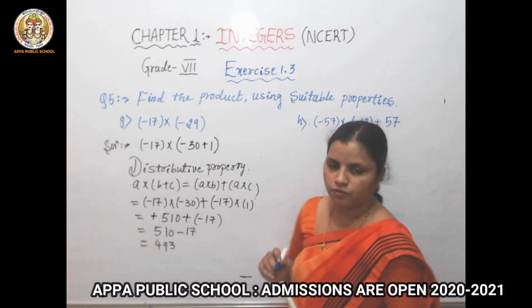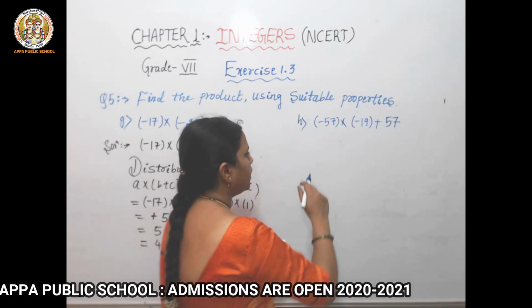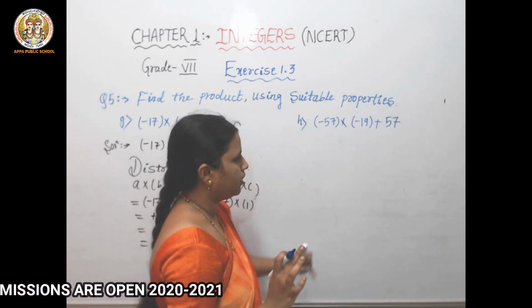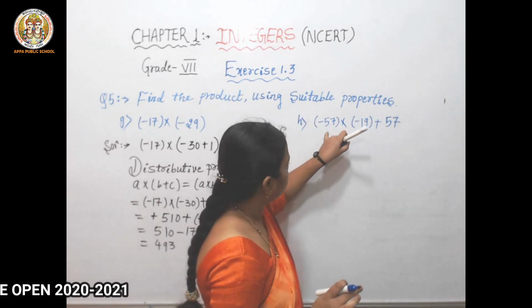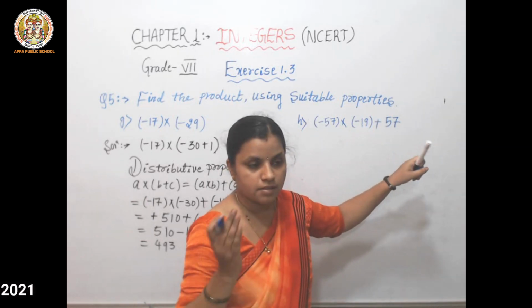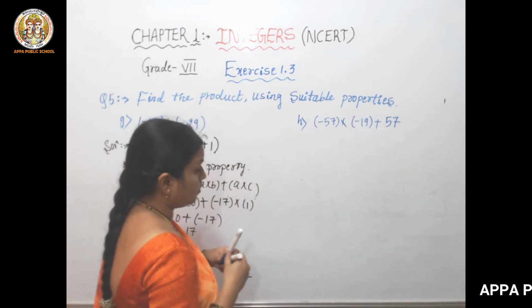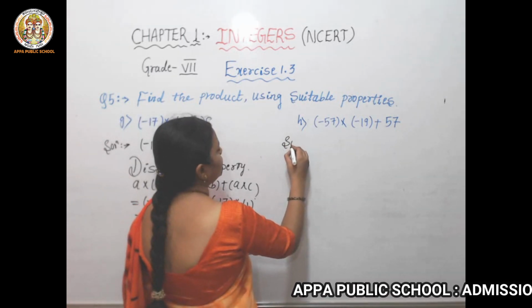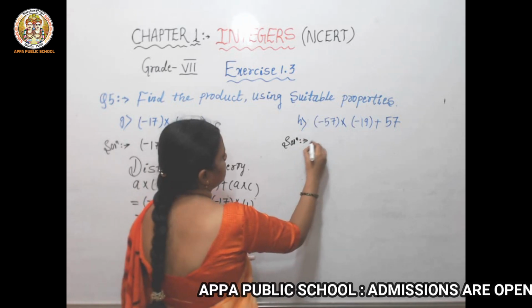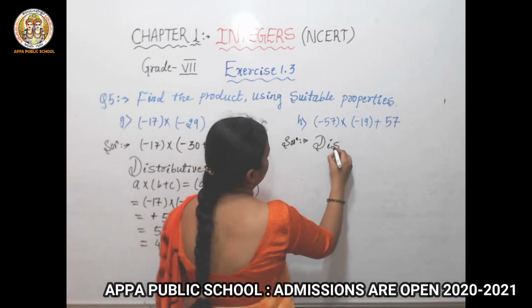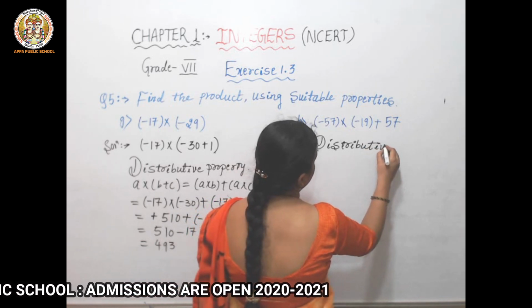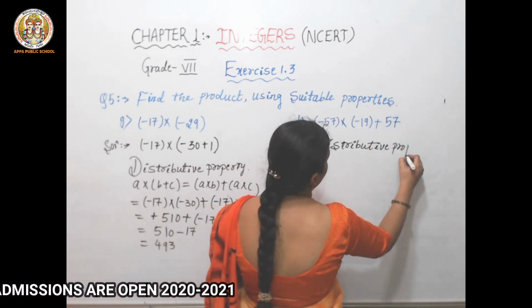See here what we are having: the terms are like minus 57 into, that is in the form of A into B, plus again the 57 that is repeated. As I said, if there is a common term, which property should we use? That is once again the distributive property.